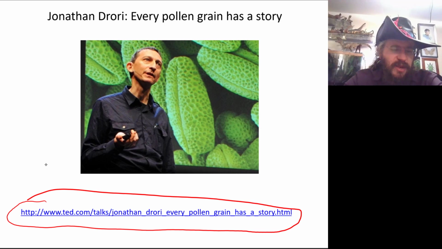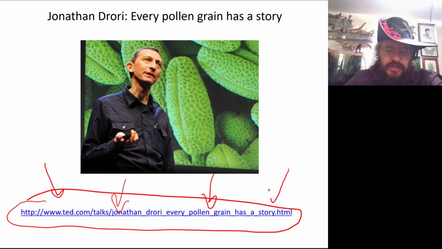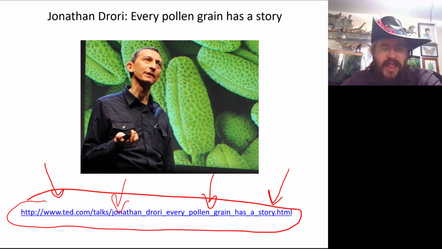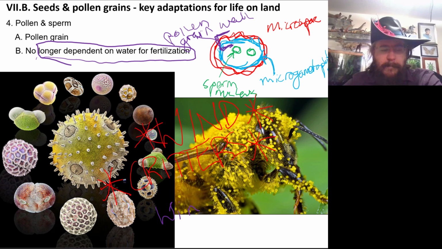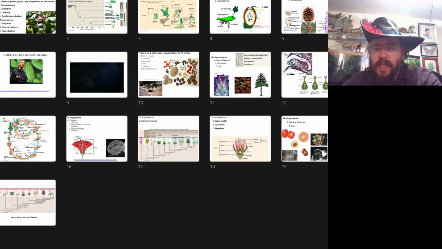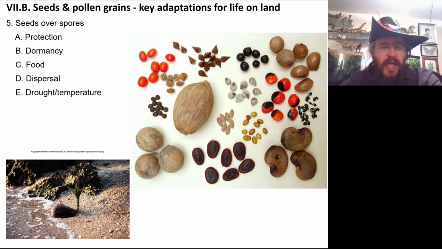This is the website here. And it's also in the student lectures, so you can open that up and copy and paste that right in. Highly recommend it. It's actually a very cool TED Talk. So, totally should do it.